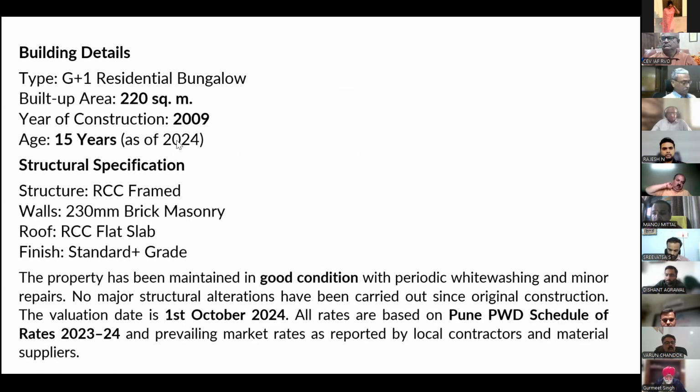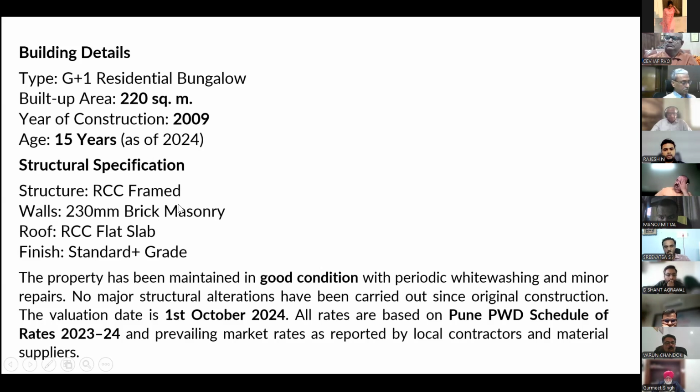Built up area is 220 square meter. Year of construction is 2009. Age of the building is 15 years. We are doing valuation, let us suppose in 2024. So the age of the building is basically chronological age, 15 years.